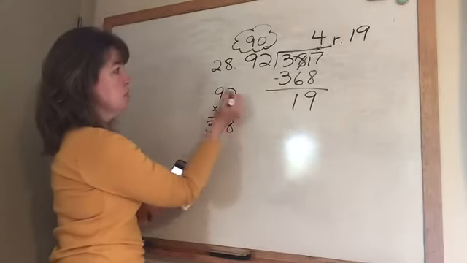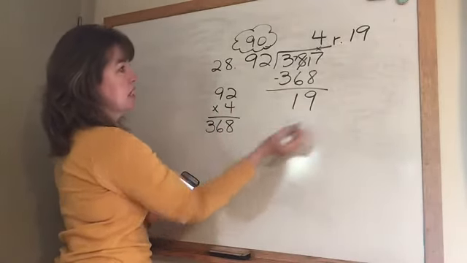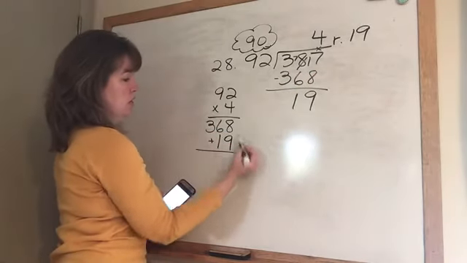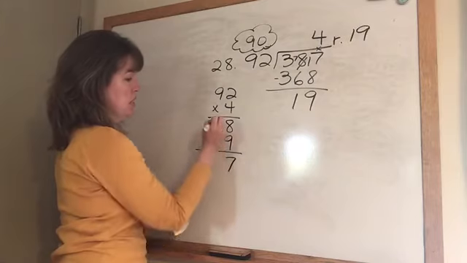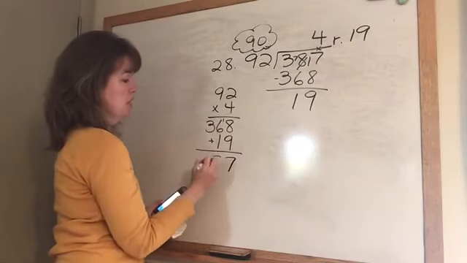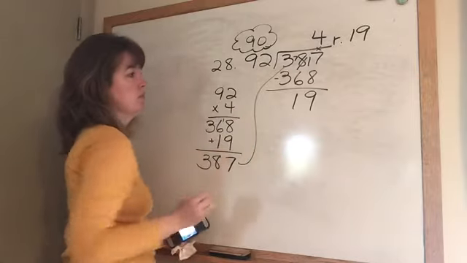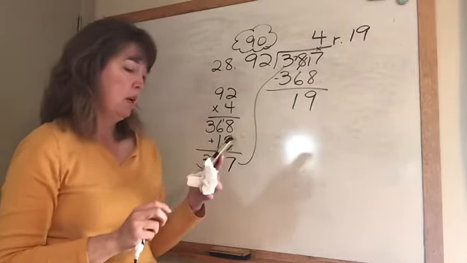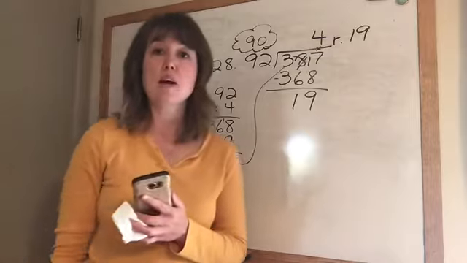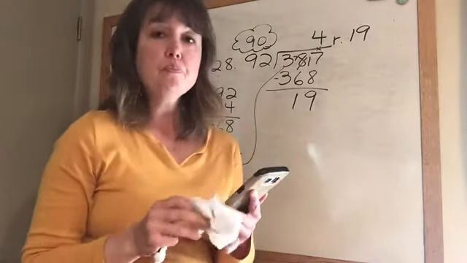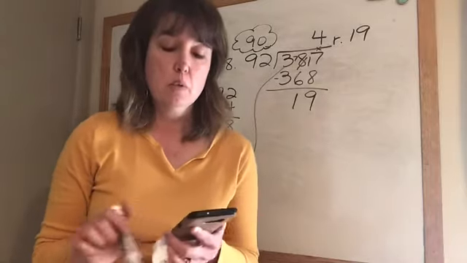Okay, so 92 times 4 is 368 plus 19. So 8 plus 9 is 17. 1 plus 6 plus 1 is 8. 387. They are the same. Okay, and I will send you a picture of the answers so you can check your other questions that you do.